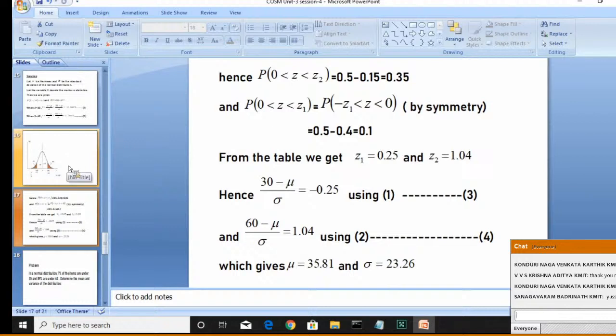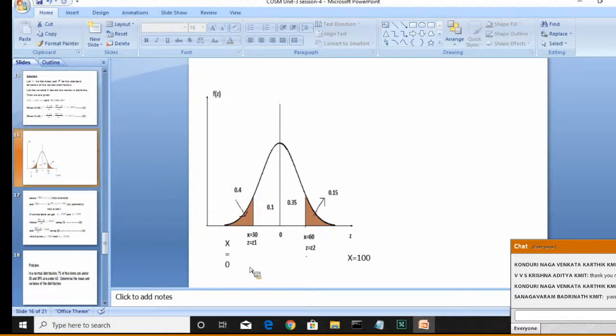When I take the figure, you check what I have written here. See, 0 to Z2, the area is 0.35. Now we are talking about area. Earlier we were talking about ordinate. Ordinate means the value we are getting along this z-axis.